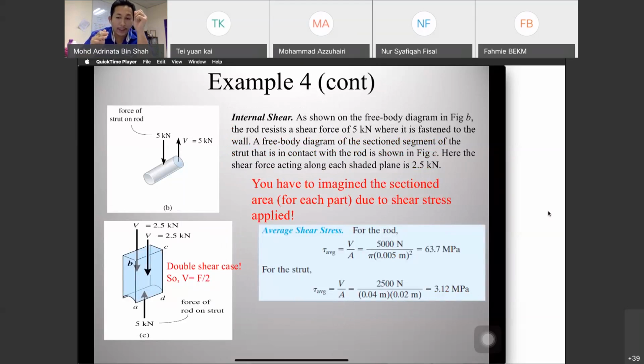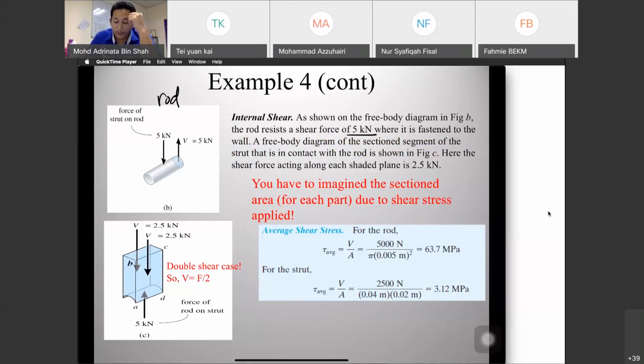So for the rod, let's look at the rod first. As shown on the free body diagram in figure B, the rod resists a shear force of 5 kN. So this is single shear where it is fastened to the wall.